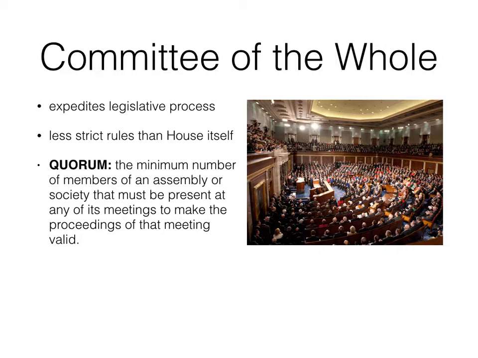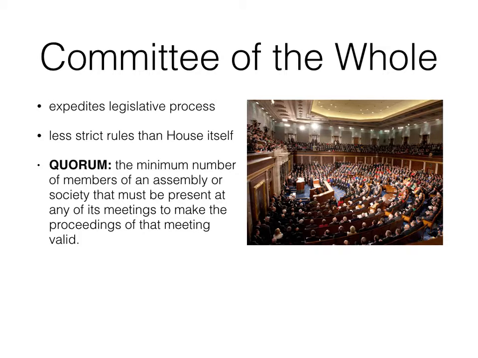Okay, so this is pretty weird, and it deserves closer attention. The Committee of the Whole is designed to expedite the legislative process, because the rules are much less strict than the House itself. So, for example, in order for a bill to be considered in the House, a majority of the full membership, 218 out of 435, must be present.